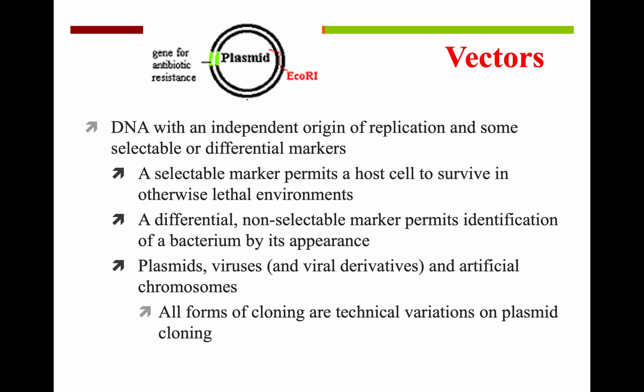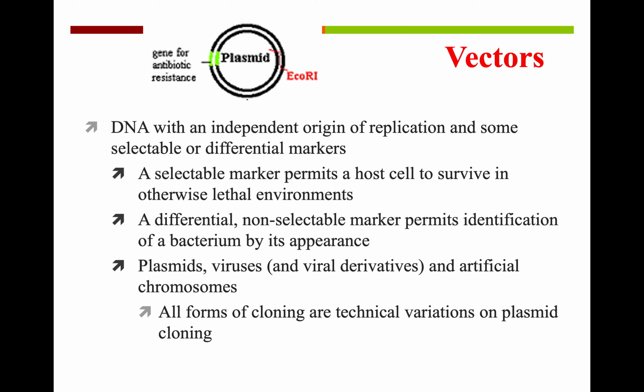I'm using "or" because a selectable marker permits a host cell to survive in an otherwise lethal environment, which means that usually it just survives in the nice environment it is adapted to, but a selectable marker allows it to survive in an environment it is not used to. A differential or non-selectable marker would permit identification of a bacterium by its appearance, which is its phenotype, like GFP, which is a differential marker.